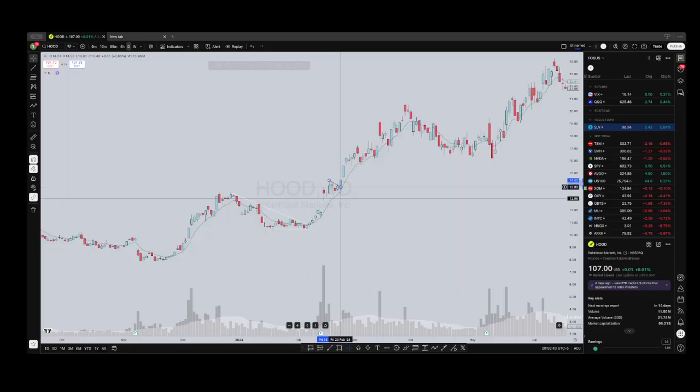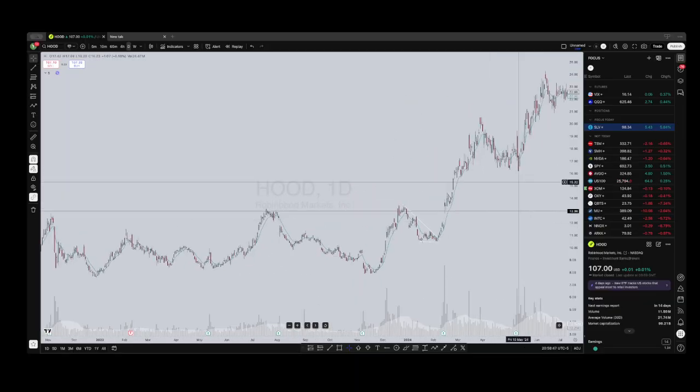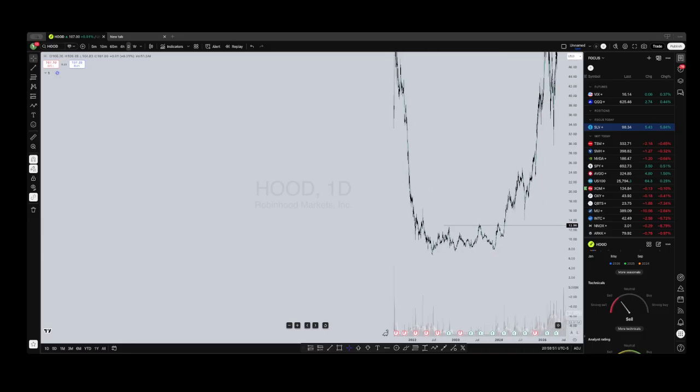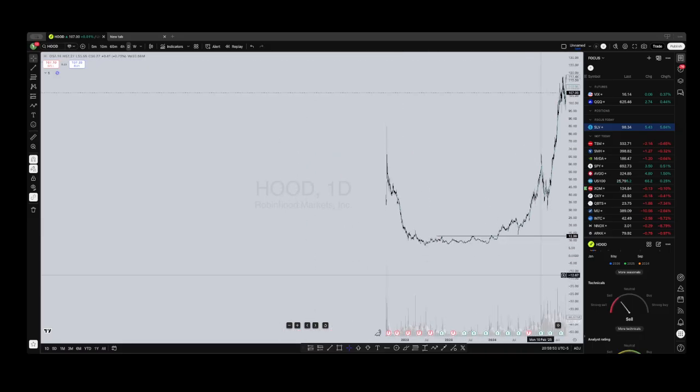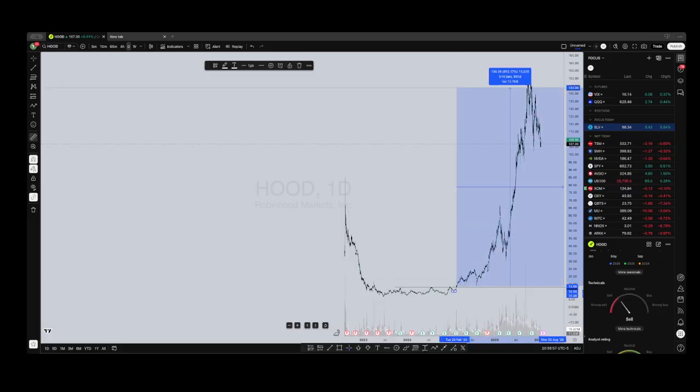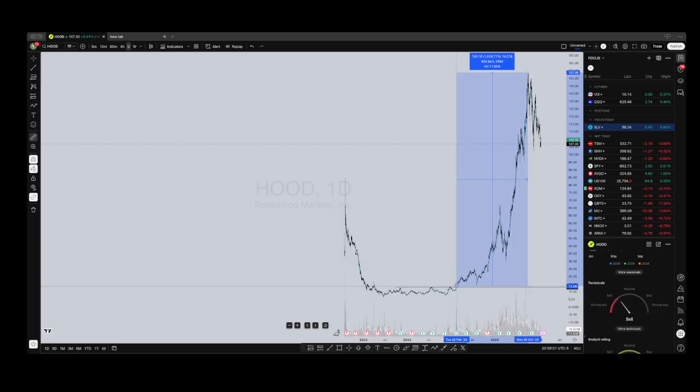Looking back at it today, I don't know if I would have bought it up here. This was definitely an extended entry, but it led to a massive, massive breakout that went all the way. My goodness, it's just insane to look at. A 10x, and that's from the breakout of the accumulation, from the low almost to 20x.